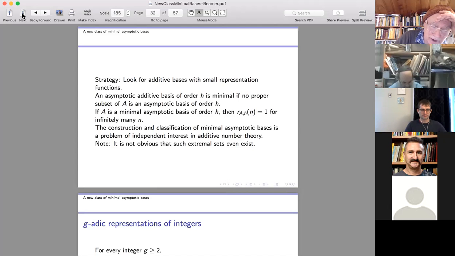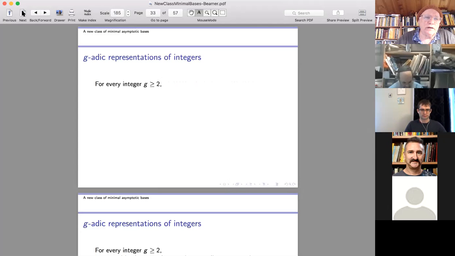But minimal asymptotic bases do exist and they've been constructed. And the first examples were constructed in the following way. They use what is called the g-adic representation of an integer.